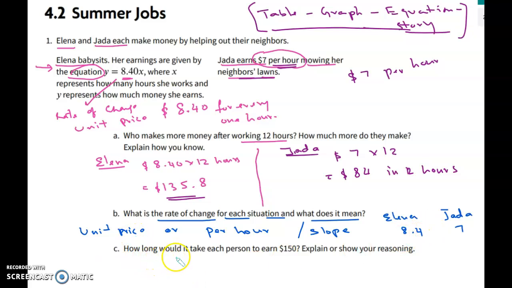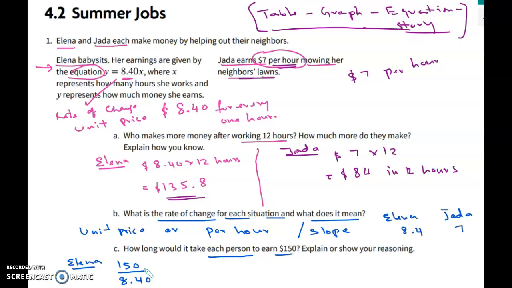Now, how long would it take each person to earn $150? So you have a goal of making $150, and we know that Elena makes $8.40. We can just divide so we can see how long it's going to take. So for Elena, $150 she wants to make, but she makes $8.40 per hour.